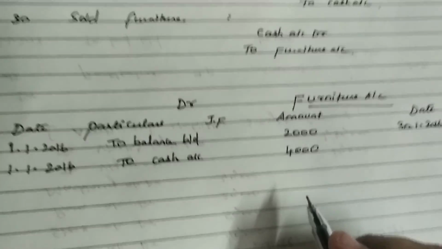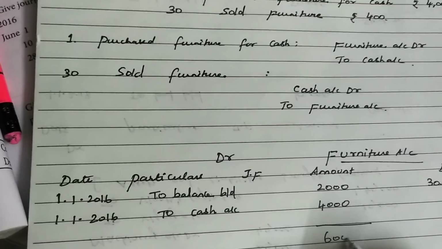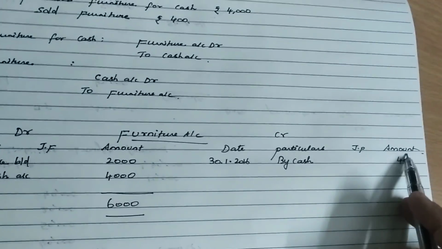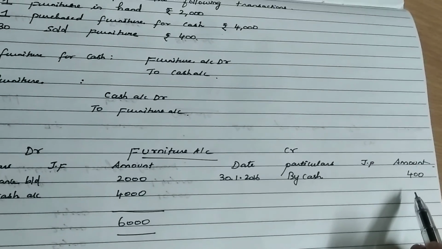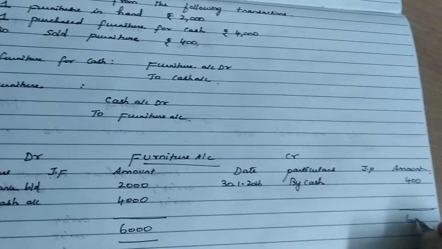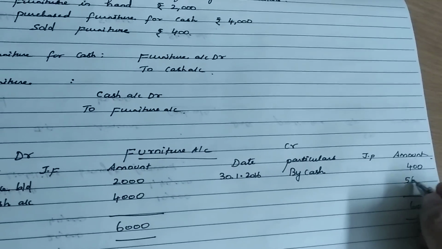So this side, if you see, the total is 6000. But here, how much do you have? Only 400. So what is remaining? If you want to make both sides 6000, you need 5600, right?